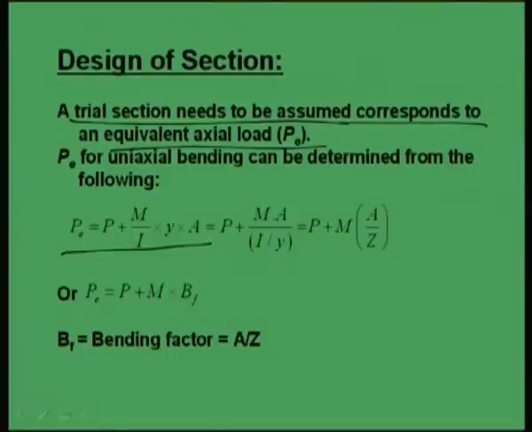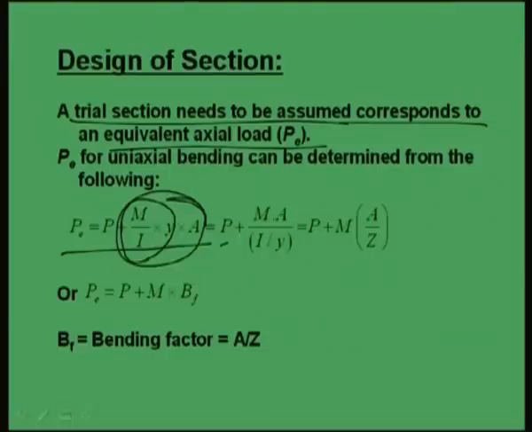So that equivalent axial load can be written from this: PE is equal to P, the axial tension, plus M by I into Y. This is the stress due to moment, into A will become force. That means the equivalent force because of the presence of moment.